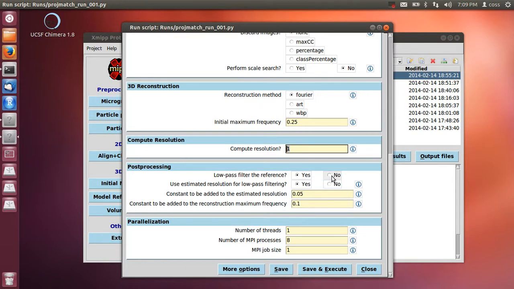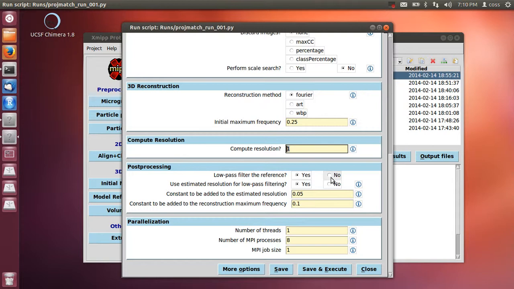The first is whether to low pass filter the reference, so that when you align your particles in your next iteration, in the same way that you have removed features that you know in real space are not there by putting a mask to remove the corners of the volume, you may low pass filter the reference.